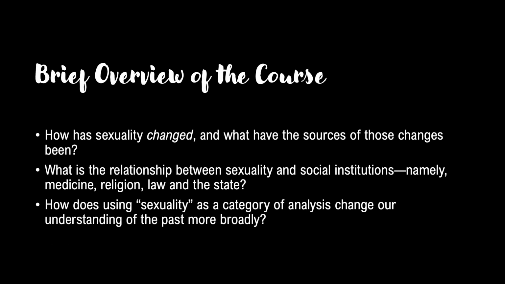Also, when we use sexuality as a category of analysis, how does it change our understanding of other historical events, like, for example, wars or imperialism or different kinds of socioeconomic processes?